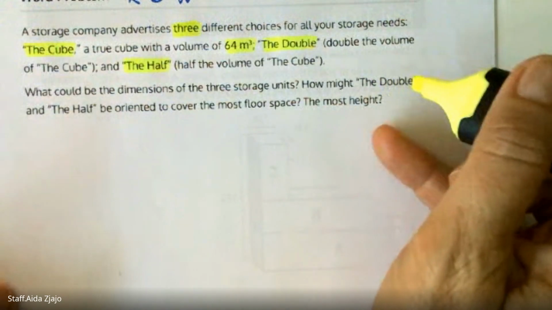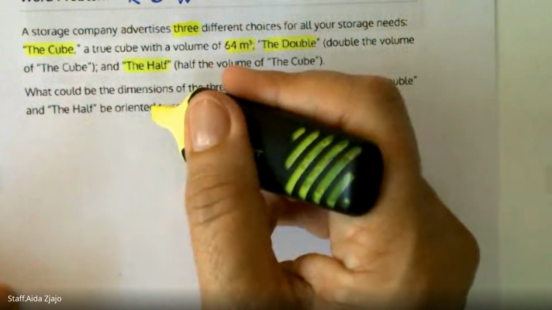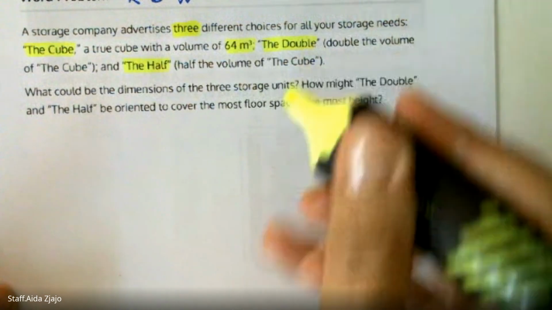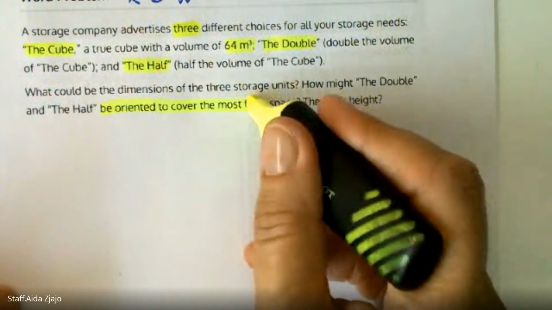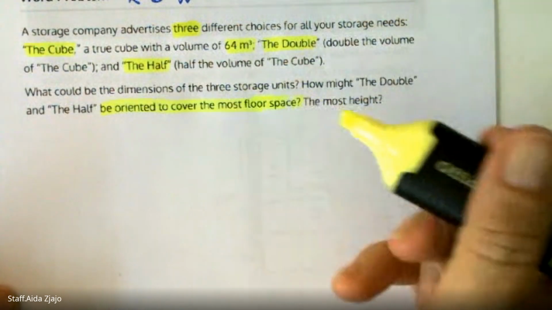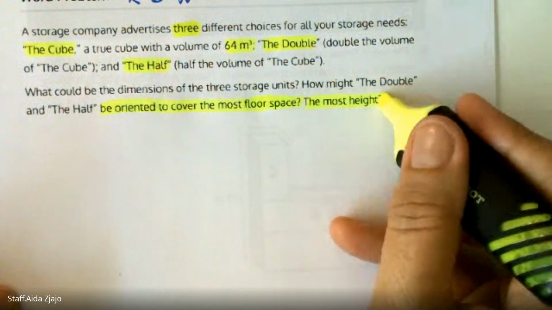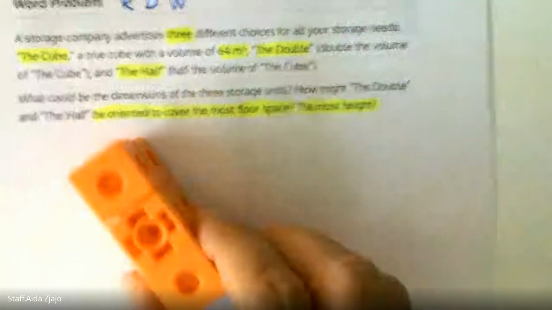How might the double and the half be oriented to cover the most floor? Oriented to use the most floor space, the most height. So imagine if you have the cube.